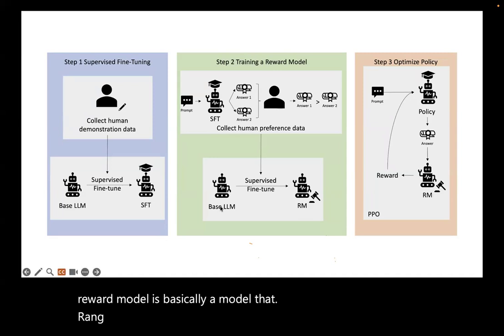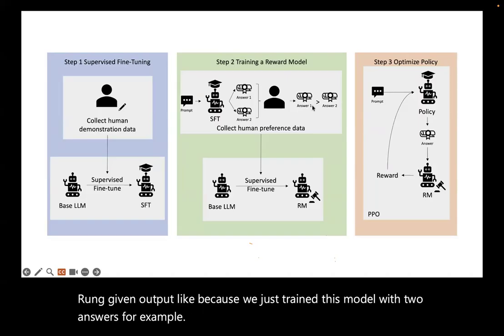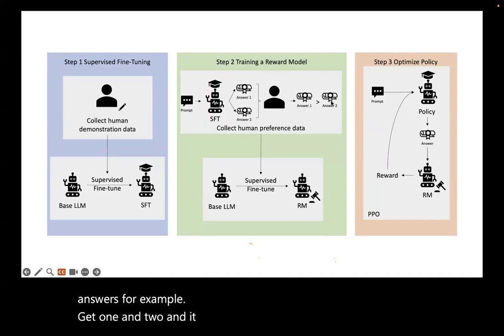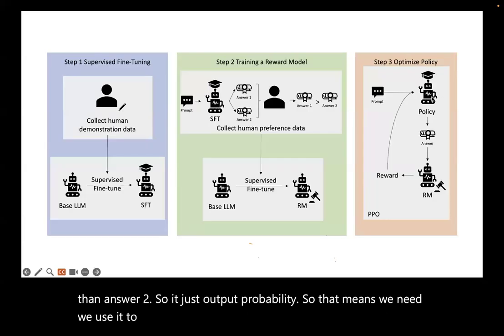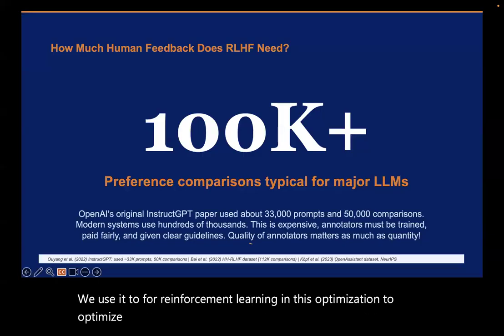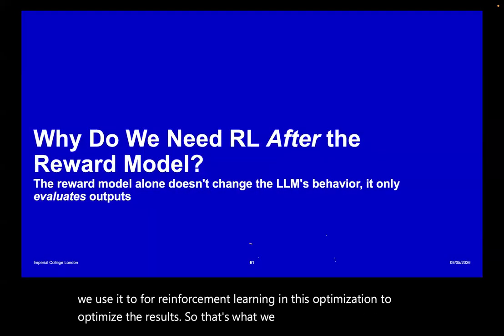We trained this model with two answers, for example one and two, and it will learn that answer one is better than answer two. So it just outputs a probability, and we use it for reinforcement learning to optimize the results. That's what we discuss here. Why do we need that?